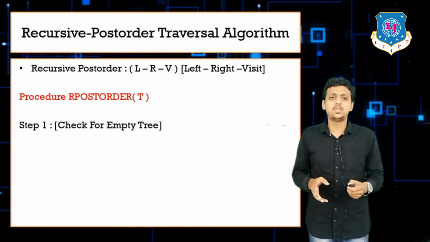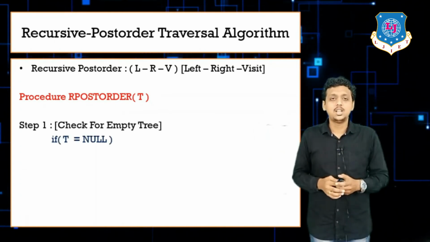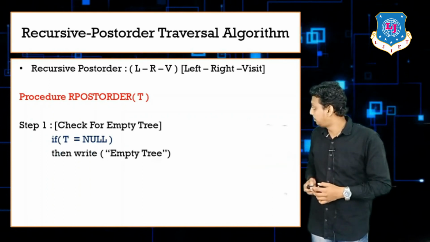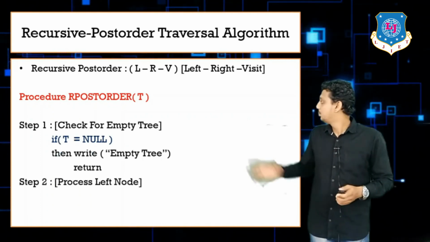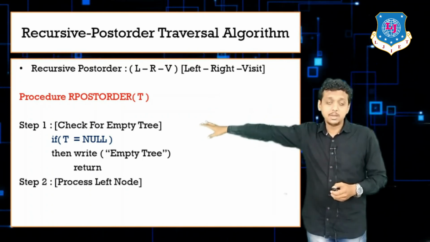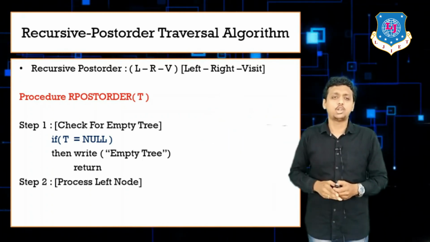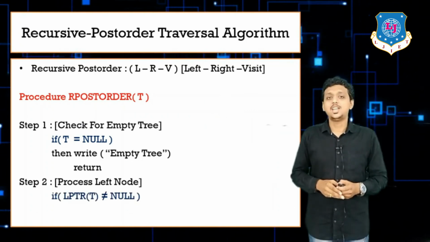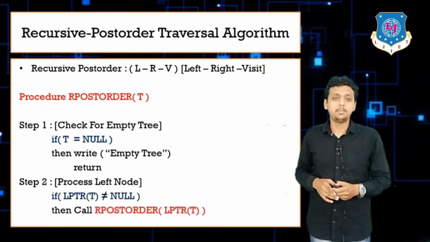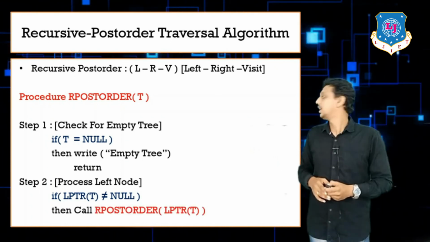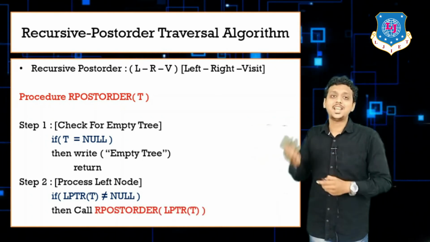Same condition as previous: if T is equal to null, then write that the tree is empty. Then step number 2, process the left node. If LPTR of T is not equal to null, then call Postorder for LPTR of T.